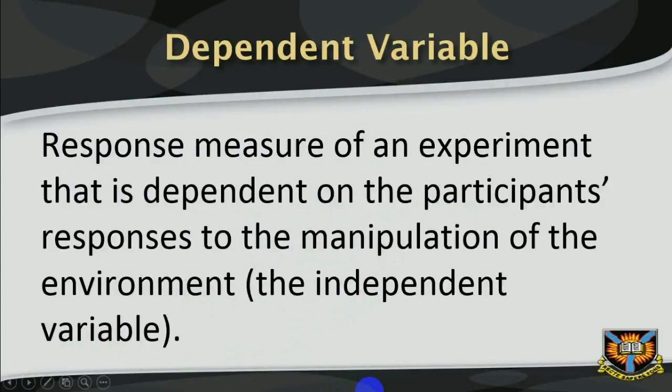Time elapsed before a participant sits down at a table defended by a research assistant. The speed of a worm crawling through a maze. The number of times a rat presses a bar. All are dependent variables because they are dependent on the way in which the experimenter manipulates the environment.